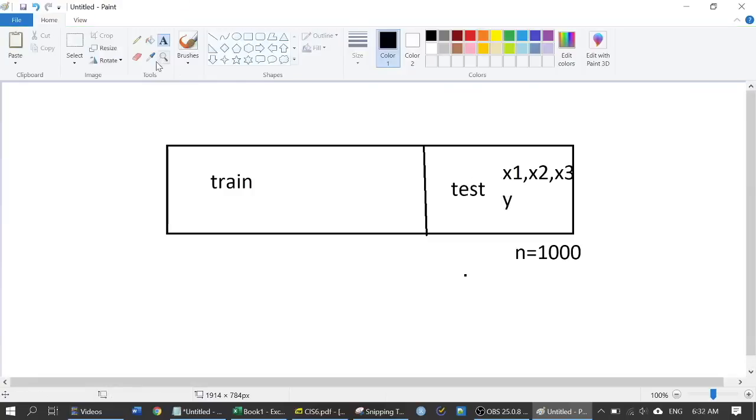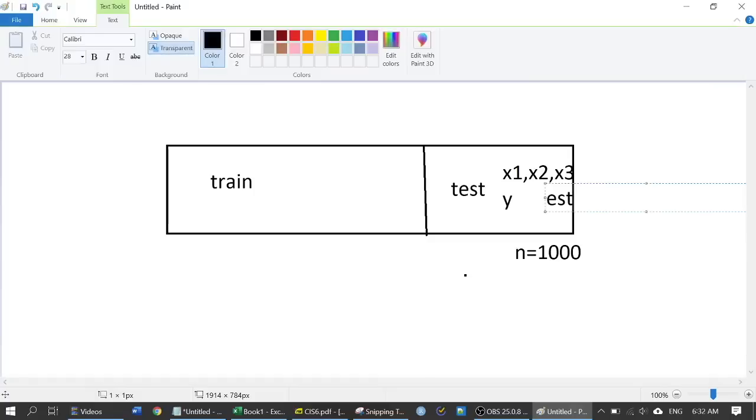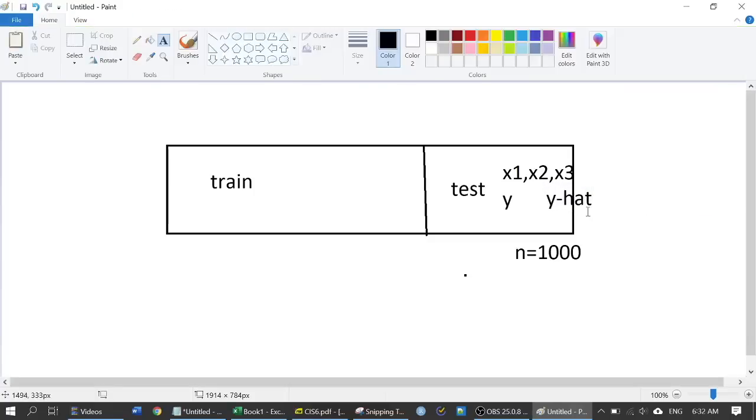Then you compare the estimated response variable, y hat, with the actual y, and you want to see whether you correctly predicted. Is y hat similar to y or not?